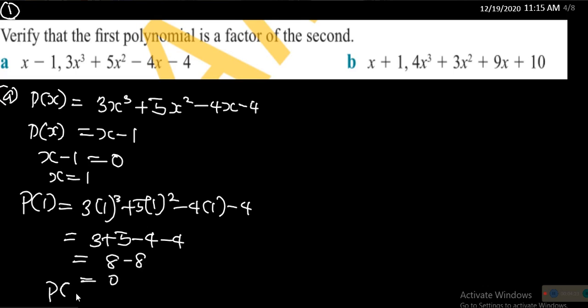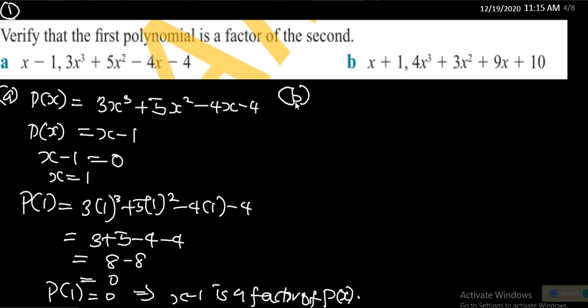So here p of 1 equals 0, then it automatically implies that x minus 1 is a factor of p of x. And that's it, guys. Very simple.